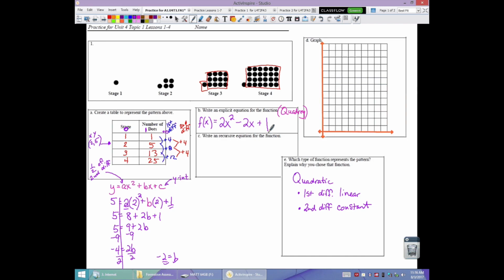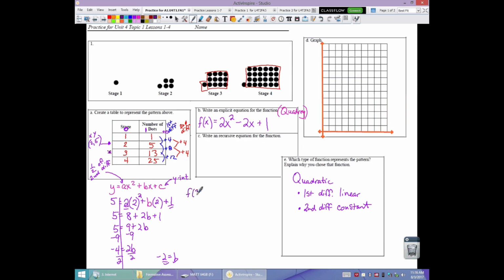Now, if you really did that by hand, I would certainly feel a lot better if you were to take one of these points in the table and substitute it in and show that it really does work, right? Because that was a lot of confusing steps there. So let's say if I were to substitute in 3, I should get 13, right?